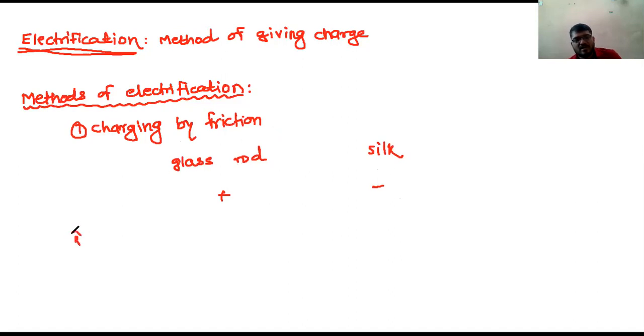Next one, the second method, is charging by conduction. You can see here, charging by conduction means there is a charged body which is kept in contact with another body.